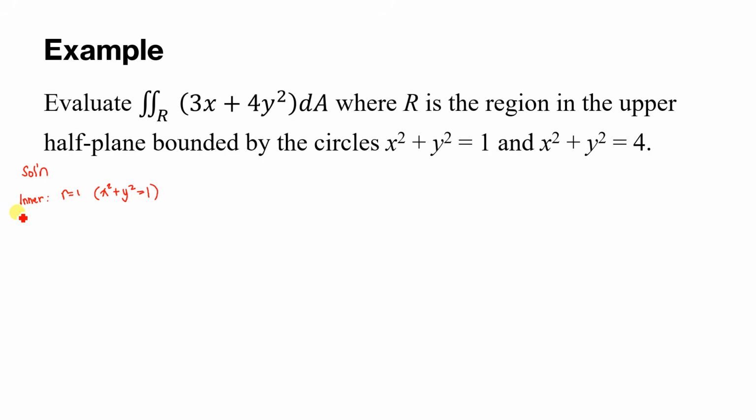The outer boundary is r equal to 2, since x squared plus y squared equals 4. Take note that according to the problem, we only have the upper half plane, so y should be greater than or equal to 0.